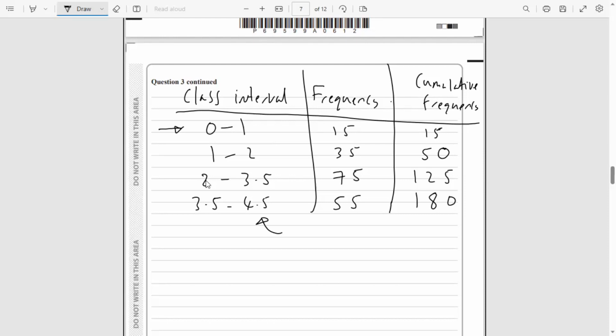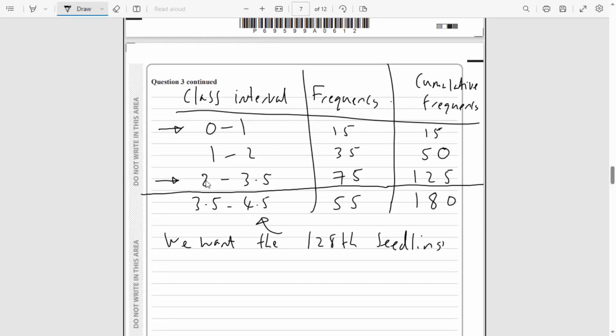So what can we tell? We know that the smallest 125 go from 0 up to 3.5, because look, we've got 125 there. So the smallest 125 seedlings have a height between 0 and 3.5 centimeters. So we want the 128th seedling.